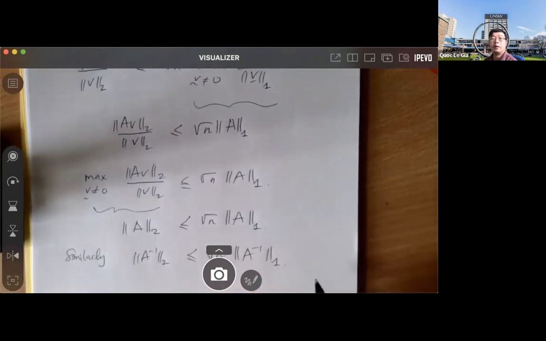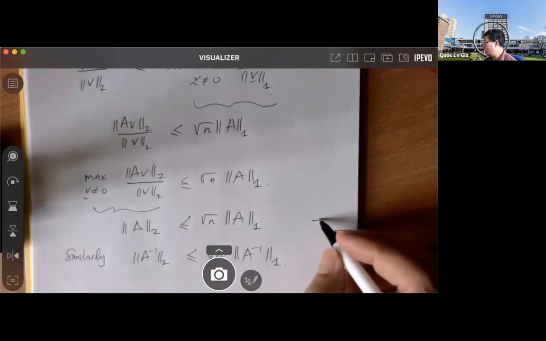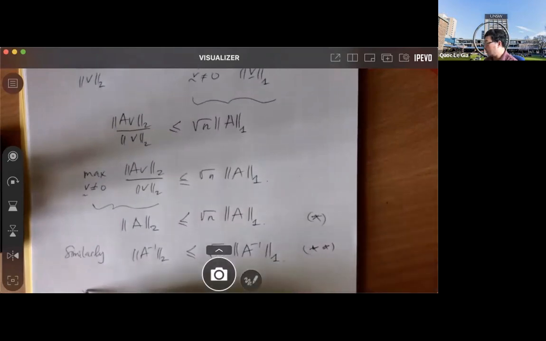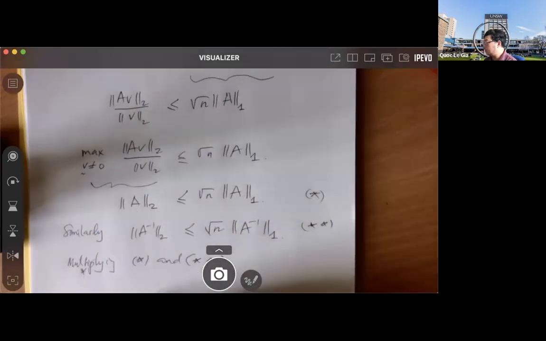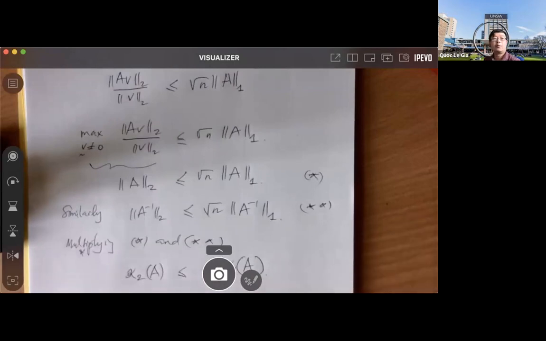And now you just multiply star and double star. Then the left just gives you the condition number in the two norm of the matrix A, and the right hand side gives you n times the condition number of matrix A in the one norm. Okay, so that is how we prove it.